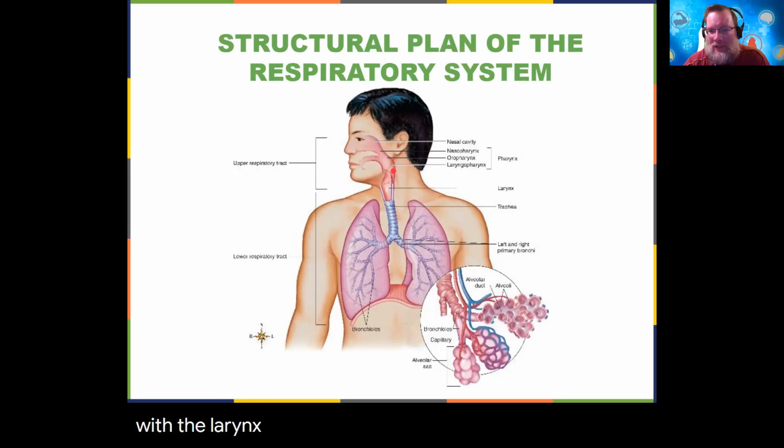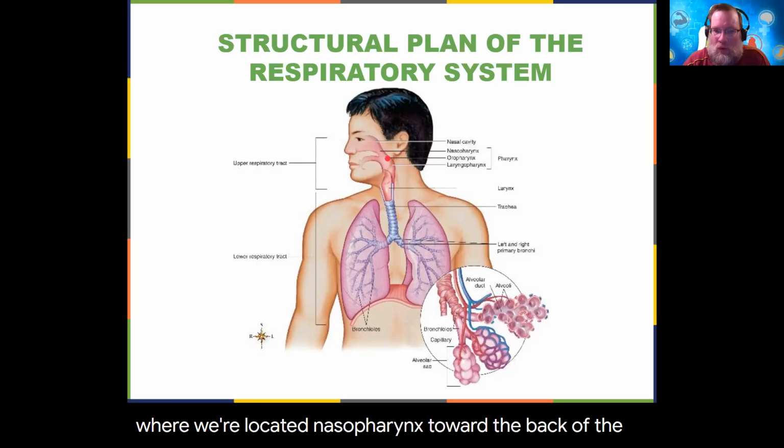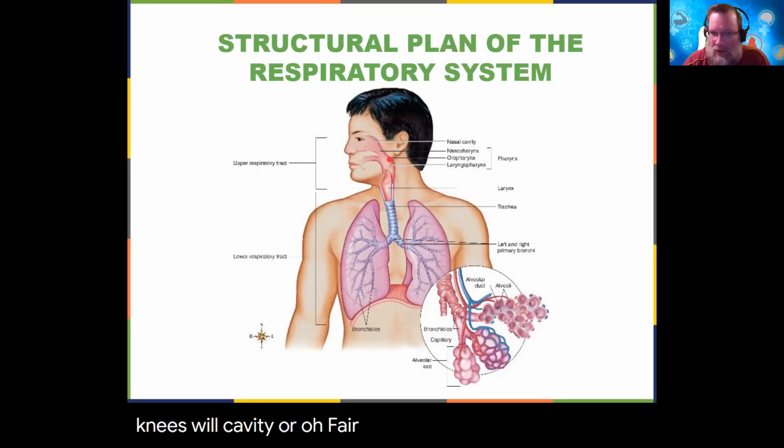So the names of the pharynx in order tell us where we're located. Nasopharynx toward the back of the nasal cavity, oropharynx toward the back of the mouth, and laryngopharynx heading down toward the larynx.